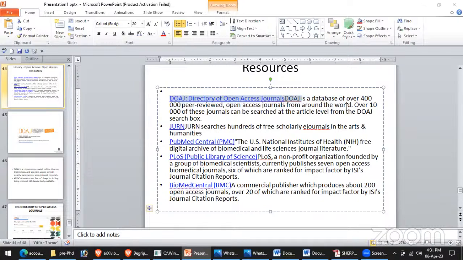These are your open access journals: PMC, PubMed Central, PLOS, Public Library of Science, and there are many more. These are a few which I found.